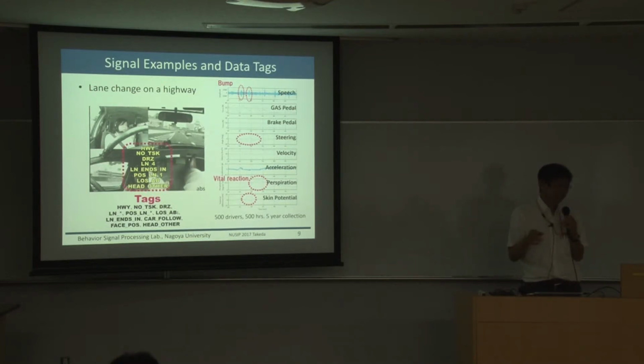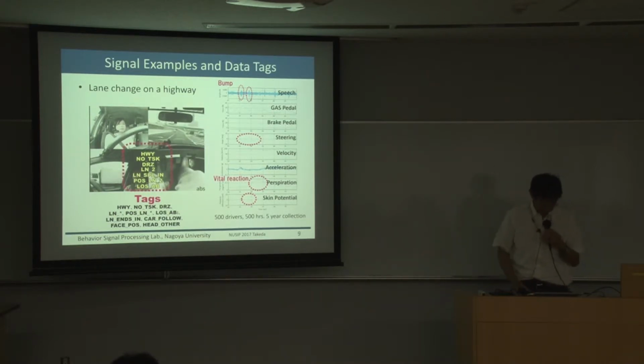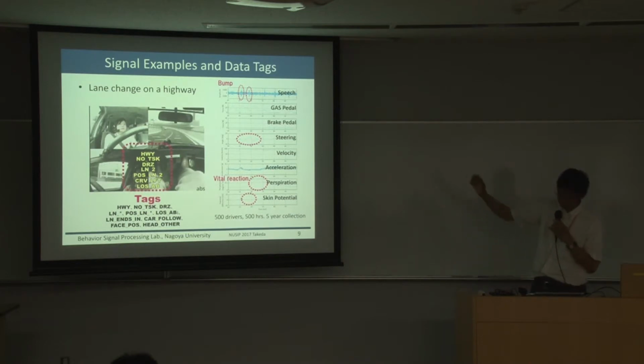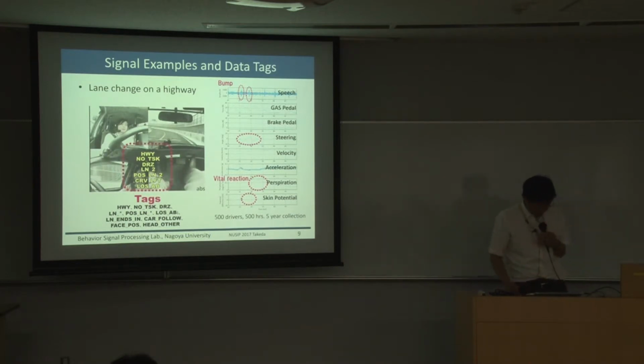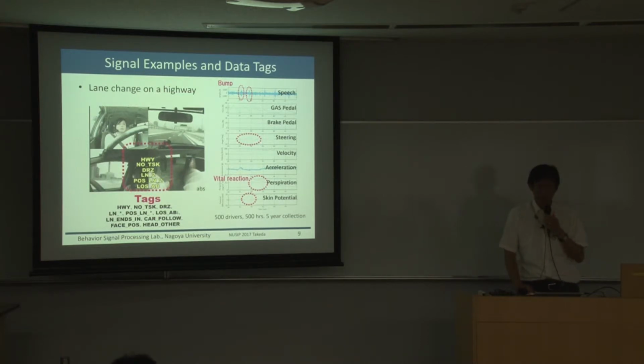But SSD, silicon memory, was very, very expensive at that time. So we had a lot of challenges for research, but we did it, and we collected more than 800 drivers' data. That was the world's biggest research corpus at the moment. Currently, it is not, but doing such things is very important for human behavior research.